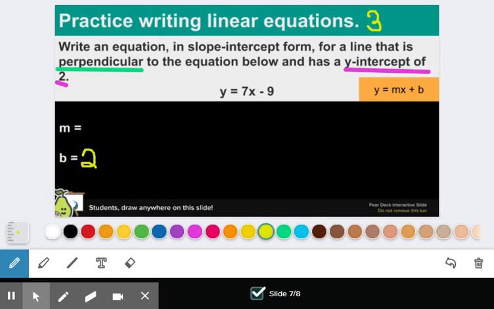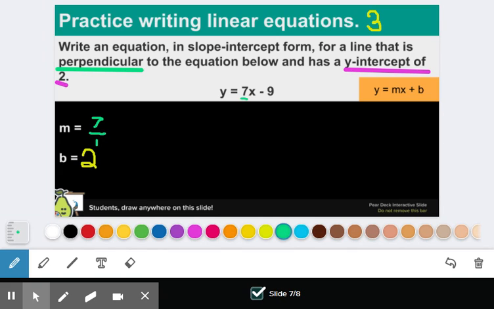But now remember, I need to look at that perpendicular slope. So the slope that I'm given in my original problem that they want me to work from is 7. Okay, so I know that I have 7. I know that whenever I have a whole number slope, I can always put a denominator of 1 under it.